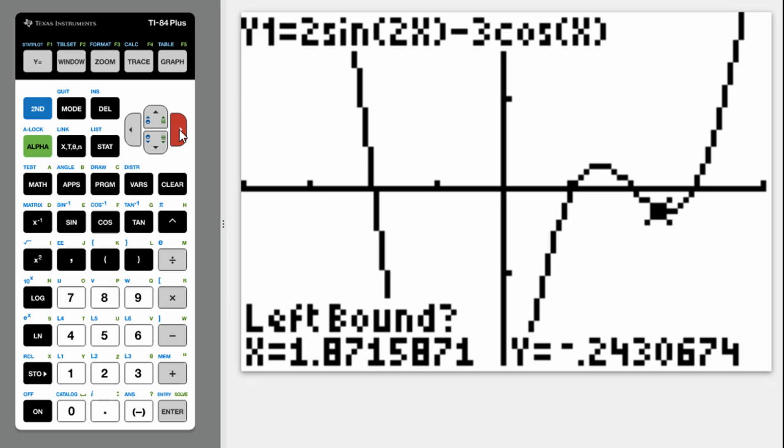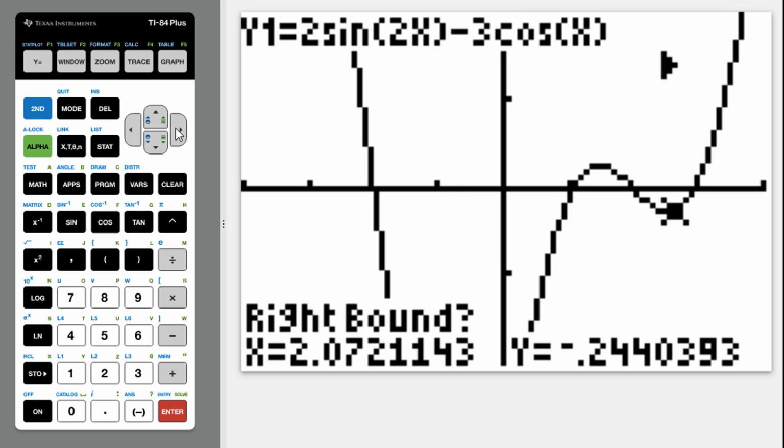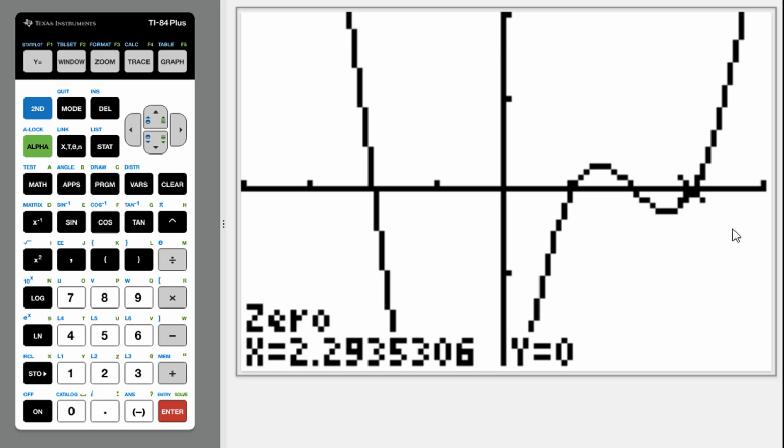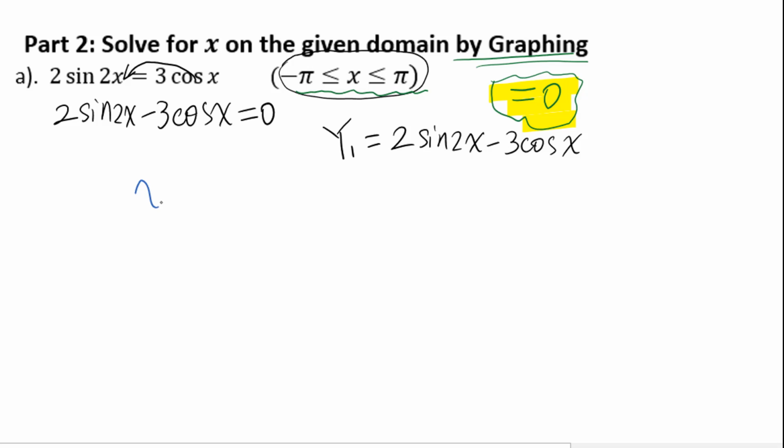Move to the left side of the fourth x-intercept. Enter, enter. So you get the fourth x-intercept is 2.29. Therefore, the solution to this equation is negative 1.57, 0.848, 1.57, and 2.29.